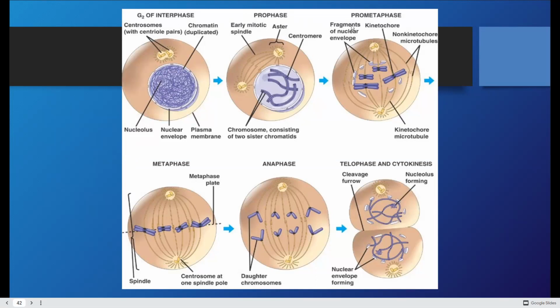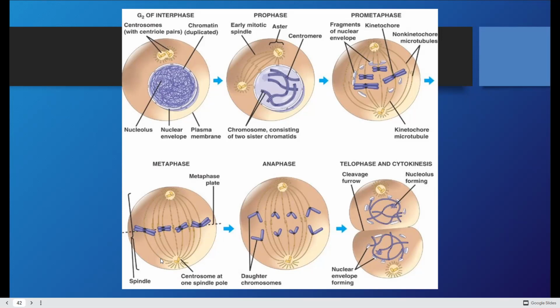In metaphase, cells align at the equatorial line, or metaphase plate, or equator. As simple as that. They're just the same, just terminologies.